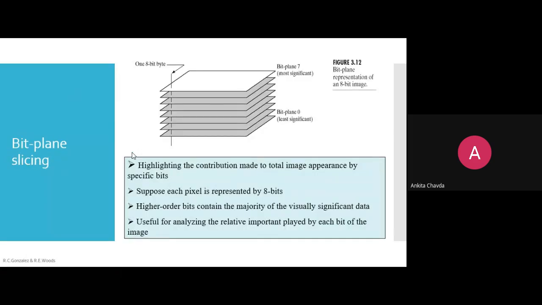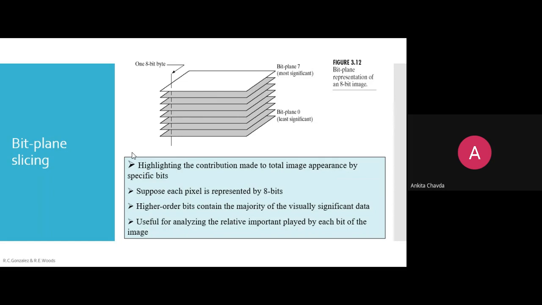Again, here we are highlighting the contribution made to the total image appearance by specific bits. Suppose each pixel is represented by 8 bits. Higher order bits contain the majority of the visually significant data.